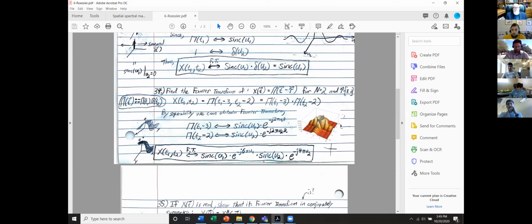Okay, so this function is just two different functions that are shifted in time, and you can use separability to take the Fourier transform of each one. The function of T1 shifts to be a modulated sinc, and the function of T2 is also a modulated sinc that is modulated at a different amount.